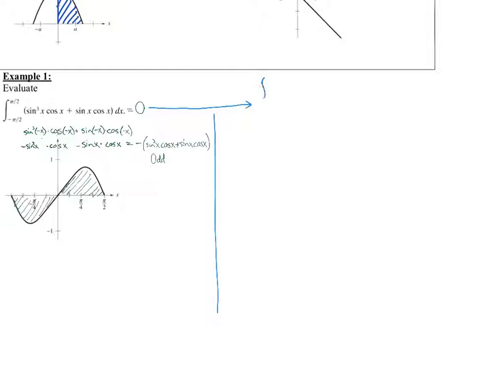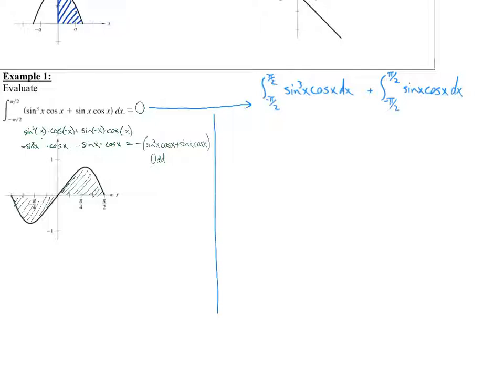So we have the integral from negative pi over 2 to pi over 2 of sine cubed x cosine x dx plus the integral from negative pi over 2 to pi over 2 of sine x cosine x.